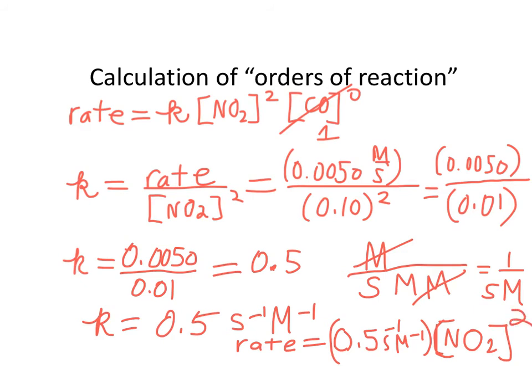And now, given this, you could get any set of experimental data, substitute in the concentration for NO2, you know the rate constant, and you can calculate the rate of the reaction. Okay, so that's another one of those examples of the whole thing. All right.